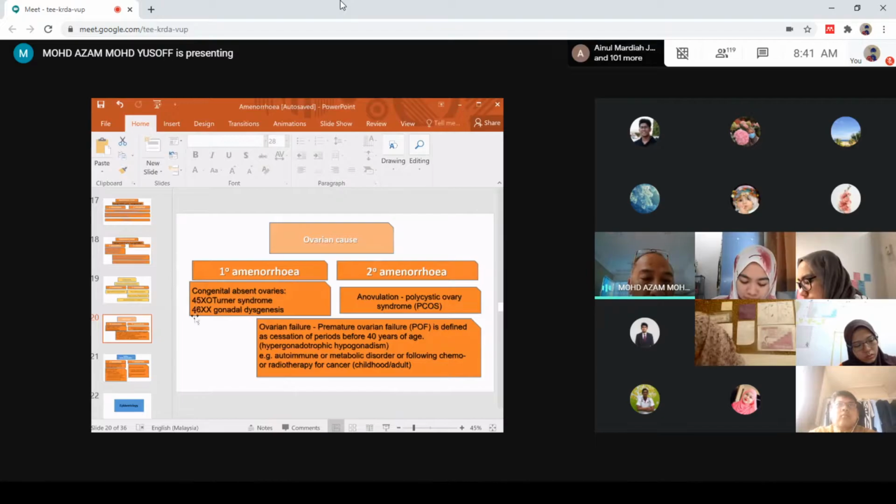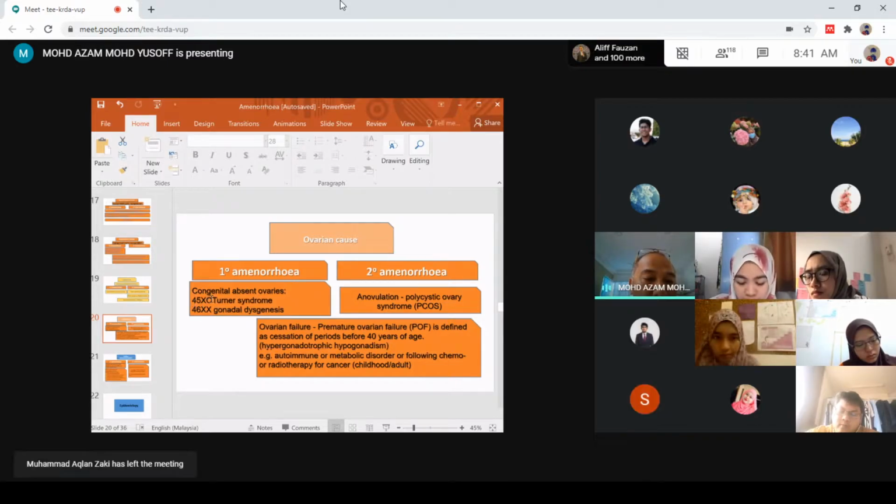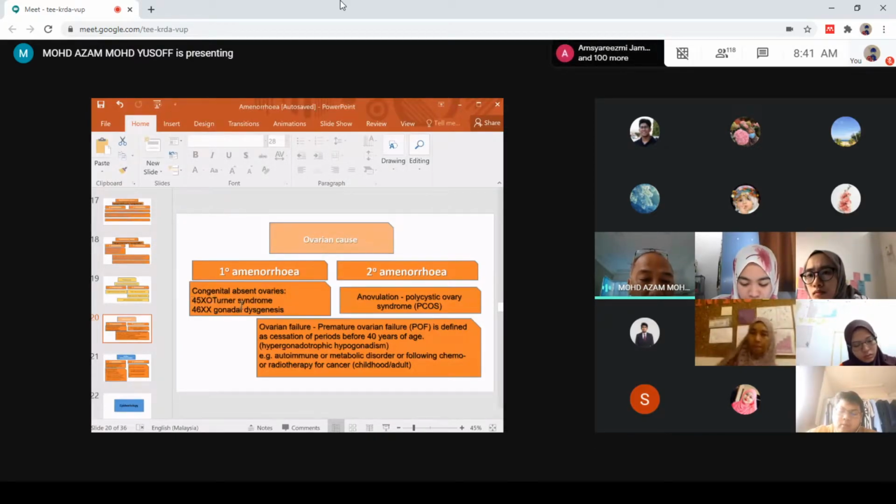Or 46XX, and we call it gonadal dysgenesis. 45XO is a chromosomal anomaly. The normal lady is 46XX, correct? So it can be normal 46XX, but they have no ovary. We call it gonadal dysgenesis. If they have one X, 45XO, we call it Turner syndrome.